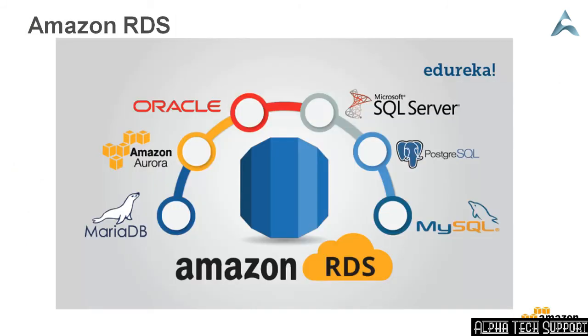So these are the database options that you get: MariaDB, Amazon Aurora, Oracle, Microsoft SQL Server, PostgreSQL, and MySQL. You can also create multiple databases at the same time of different vendors and build an integrated solution almost in minutes of time.